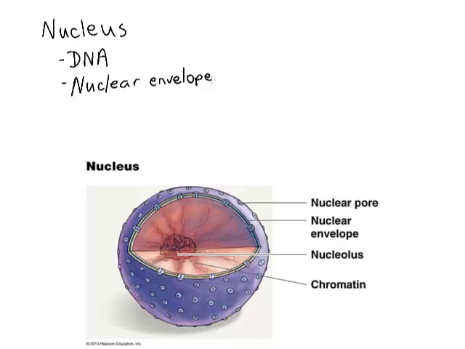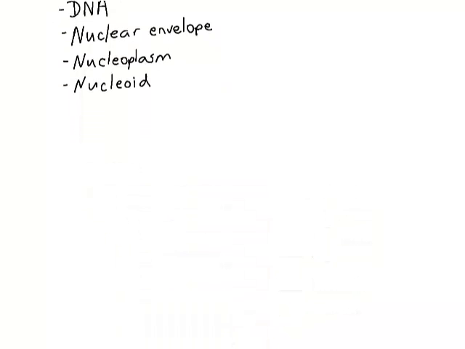The nuclear envelope also encloses the nucleoplasm, which is a viscous fluid similar to the cytoplasm that suspends the DNA. The nucleus also contains at least one nucleolus that is a dense, irregularly shaped region of proteins and nucleic acid where subunits of ribosomes are produced.